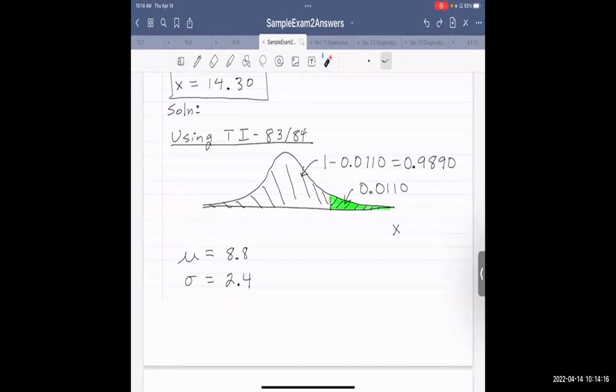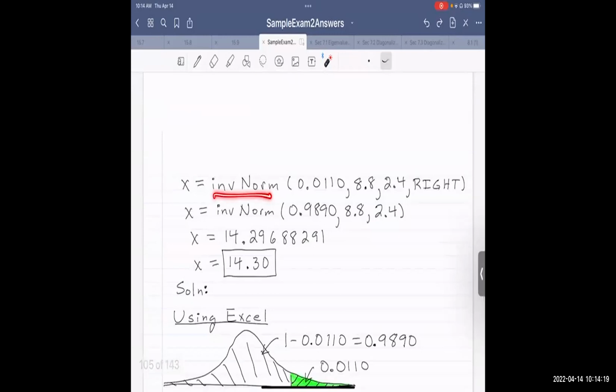So let me type in the inverse norm. For the latest version, you have a command where you can issue something called write. I'll just do the inverse norm of 0.011, comma, 8.8, comma, 2.4, comma, write. If you have an older one, anything from the TI-83 or above, you would just do 1 minus 0.011, comma, 8.8, comma, 2.4.